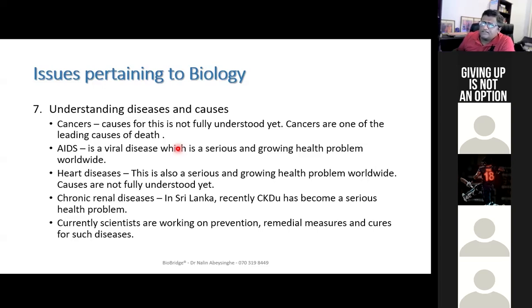It's a viral disease which is a serious and growing health problem worldwide. Now, even there are a lot of patients being detected in Sri Lanka. It's becoming a health hazard because those days, like 5 to 10 years ago, it wasn't much of a problem, right? Patient numbers were static, like 800 being detected, 1000 being detected. But now the detection rate is high.